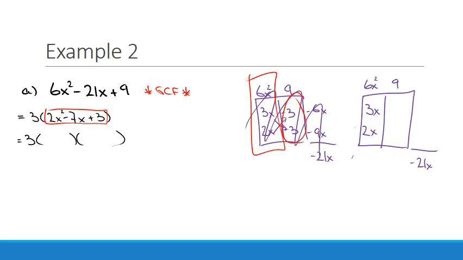I'm going to go now 9 and 1, okay? So if I go 9 and 1 here, this gives me 27, this gives me 2x. That's not going to work. What if I made that 9 and that 1? Well, now I'd get 3x down here, and I'd get 18x up here, and look, that's going to make 21. I just got to make these negative. So that means these have to be negative.